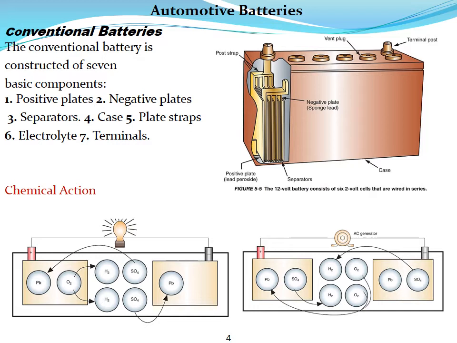A similar reaction is occurring in the negative plate. Lead Pb is combining with sulfate SO4, forming lead sulfate PbSO4. The result of discharging is changing the positive plate from lead dioxide into lead sulfate and changing the negative plate into lead sulfate.